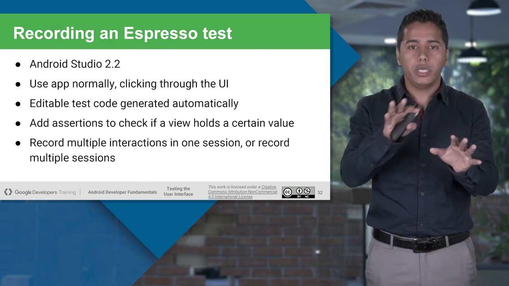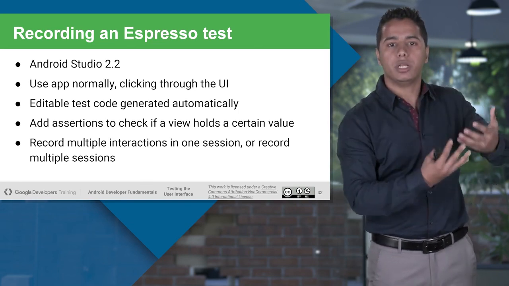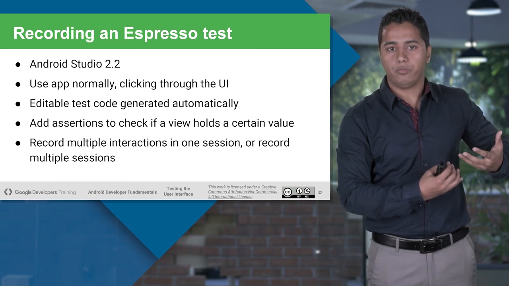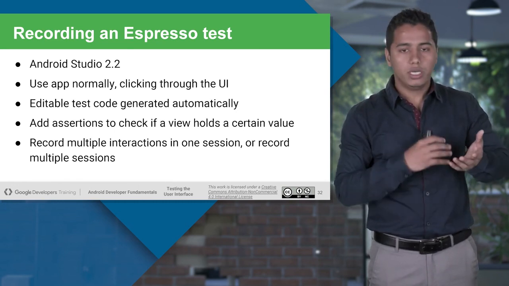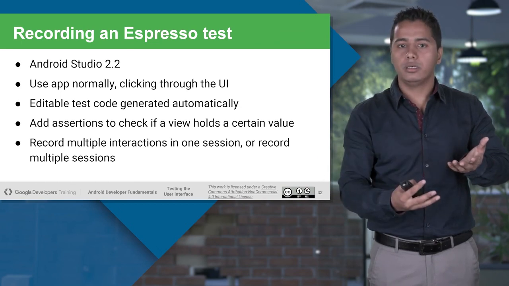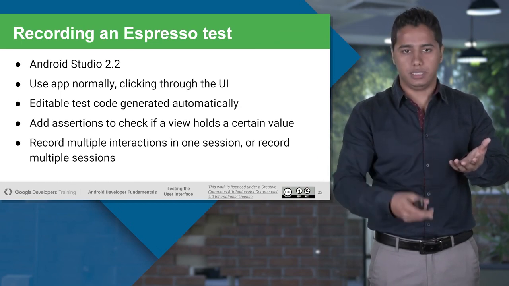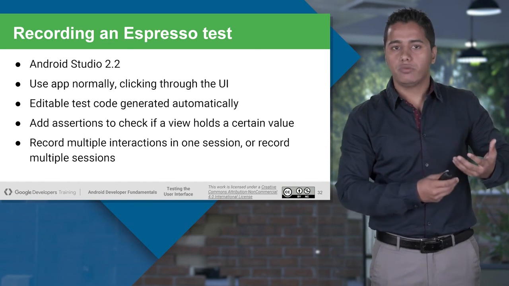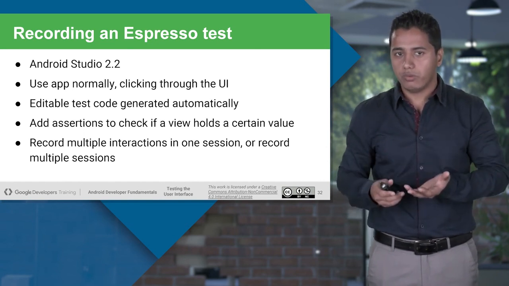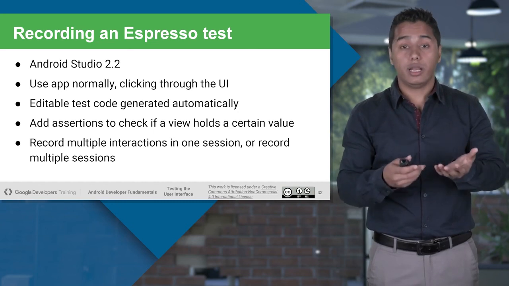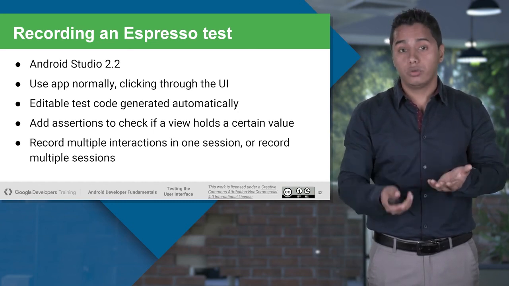Whenever you are doing this, code will automatically be generated for you in the background, and all the checks will be done for you in the background. And you can record this in multiple sessions or in one session itself. All the code will be generated for you in the background, and at the end it will ask you, do you want to save this in a particular file or not? And that's all. You don't even have to write a single line of code there.